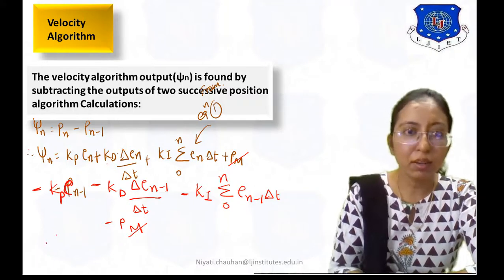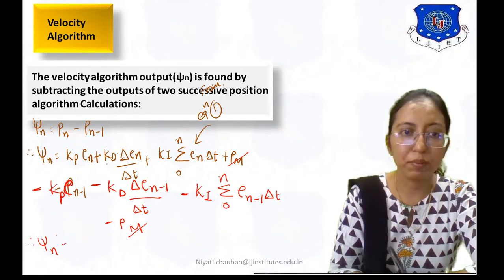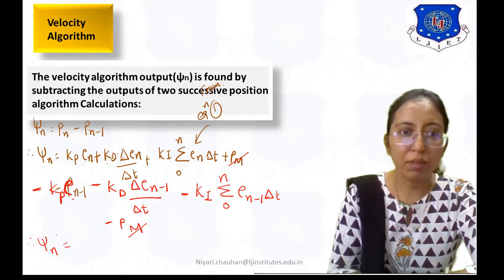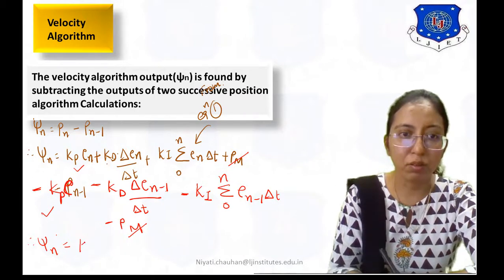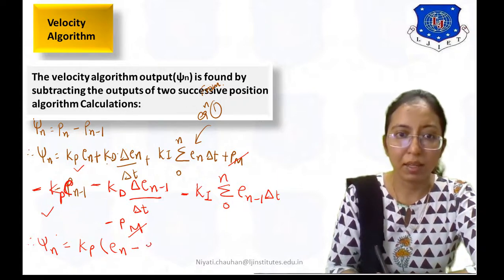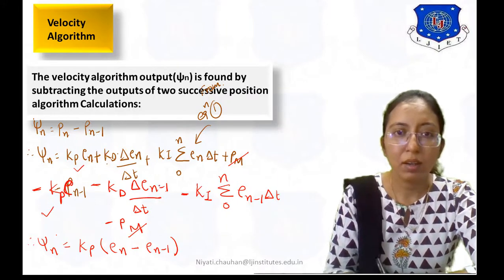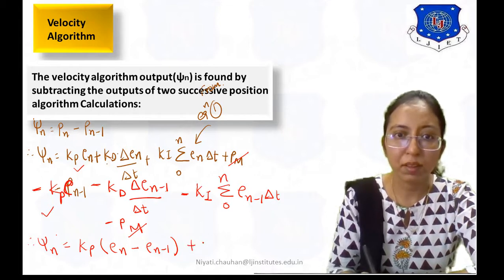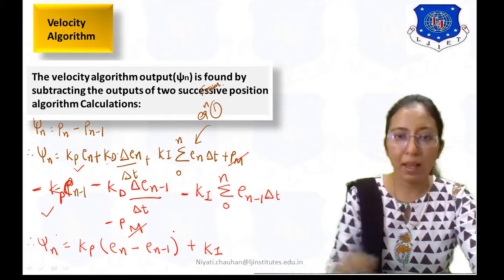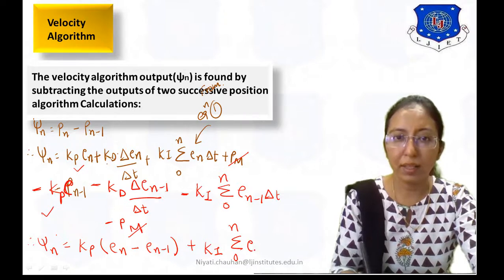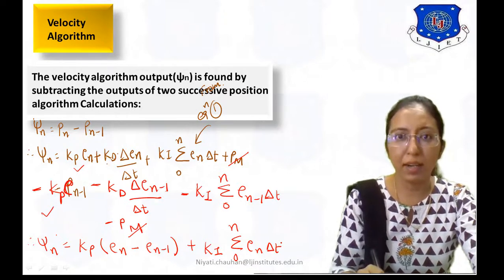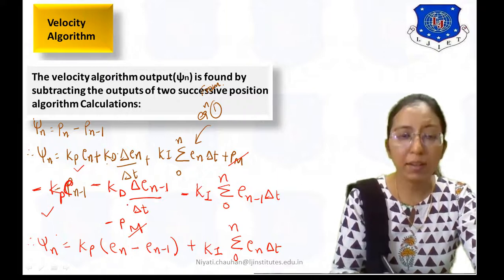So here psi n is equal to Kp, taking Kp as common in the first term, Kp in bracket En minus En minus 1. Then for the integral, Ki sigma 0 to n En delta t. Next is the derivative term.